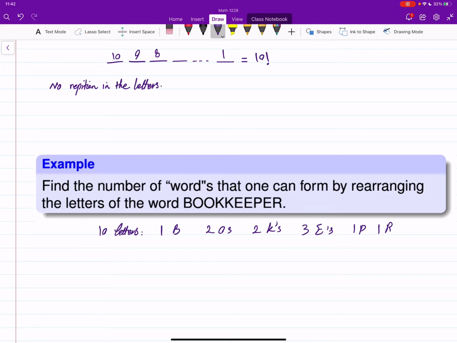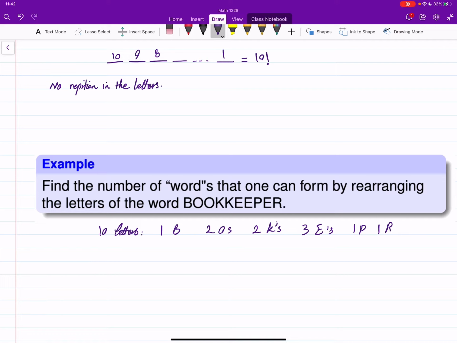So how are you going to do this? Because now these are not distinct objects, so permutation wouldn't work. Well, if you look at it like that, it won't work. But I'm going to mark or label the same letters with different things.